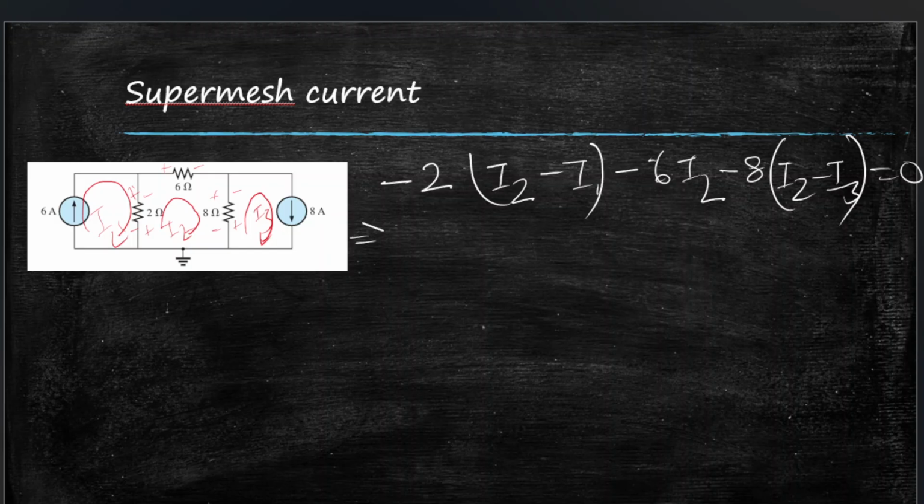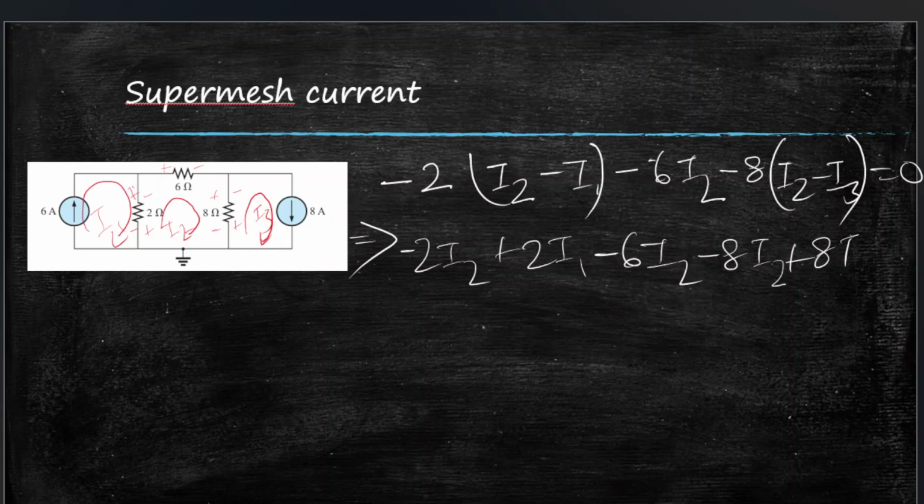Now let's remove the brackets. So minus 2I2 plus 2I1 minus 6I2 minus 8I2 plus 8I3 is equal to 0. Okay, let's rewrite that here by bringing I1 to the front.